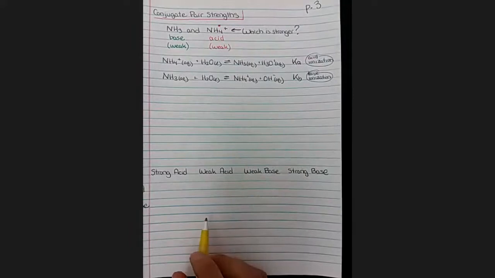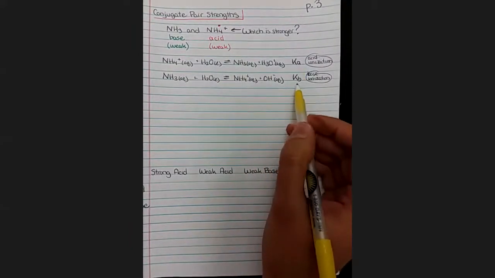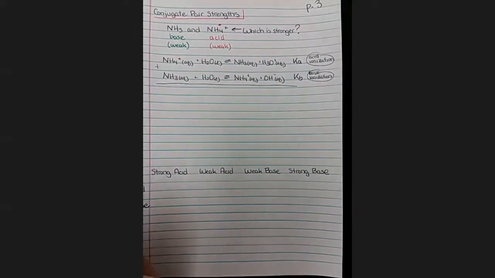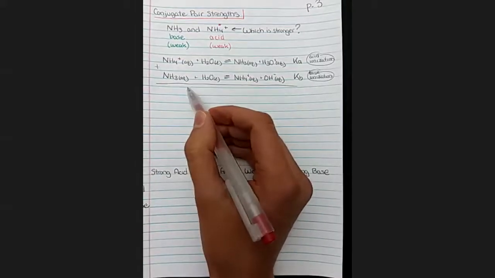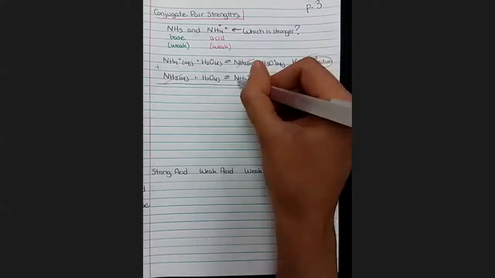Beautiful. Okay, so I'm trying to relate these two numbers together so we can add these expressions to get a total, and we are pleased to see that some of this interesting stuff cancels. So NH3 is present on both sides, and NH4+ is present on both sides.